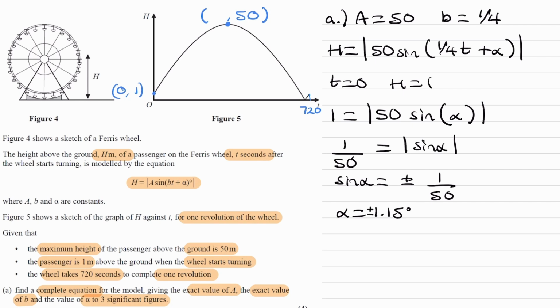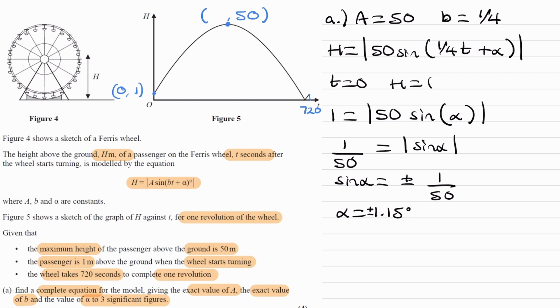So which one is it going to be? Could it be either one, or is it just going to be one of them? Well, if we think about the graph that we have here, and where alpha is inside this function here, alpha represents a horizontal translation. If alpha is positive, that corresponds to a shift towards the left. If alpha is negative, that corresponds to a shift towards the right.